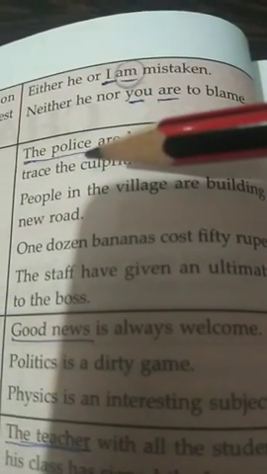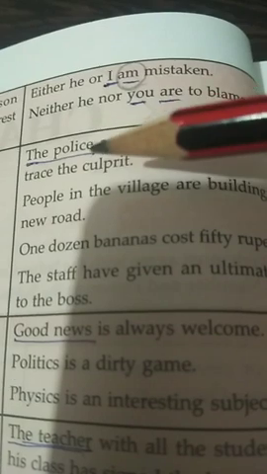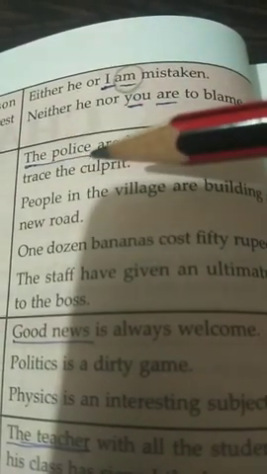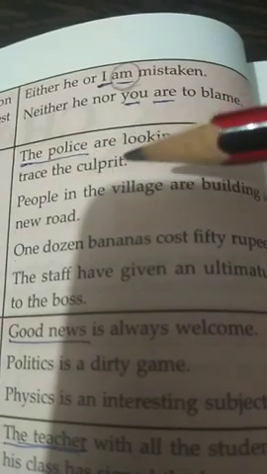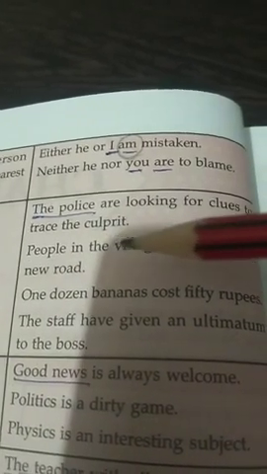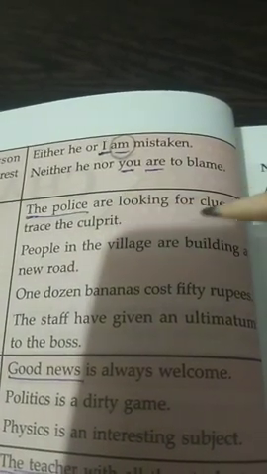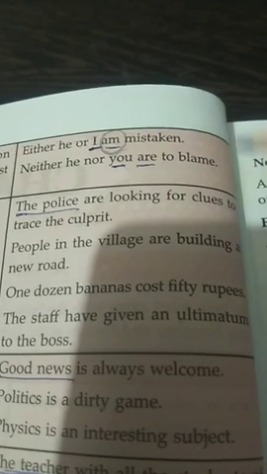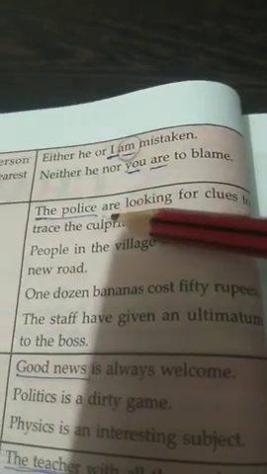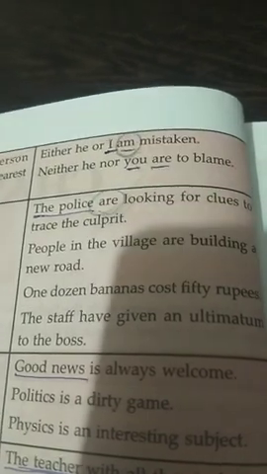The police does not mean only one police person. It means a number of what? Policemen. The police are looking for clues to trace the culprit. Here, as it is said, the verb will be plural in form.